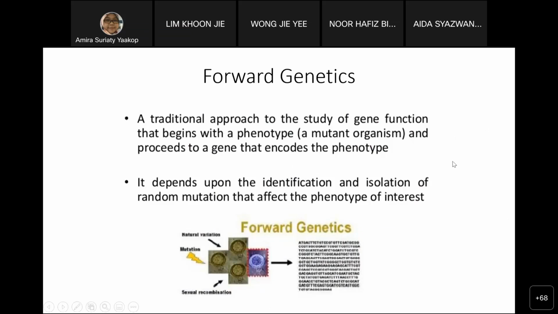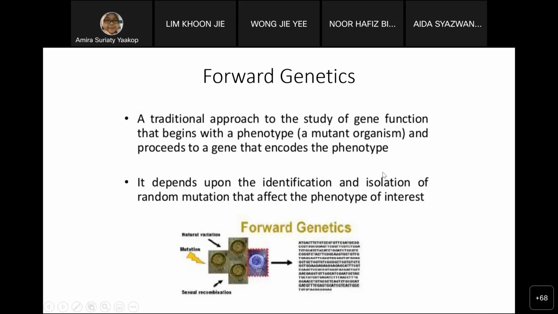That is not something we purposely mutated, right? So in that case, what Barbara McClintock did, poor Barbara McClintock, she thought about and looked at the difference between the genes that made the color changes in the corn. So that is one type of forward genetics.